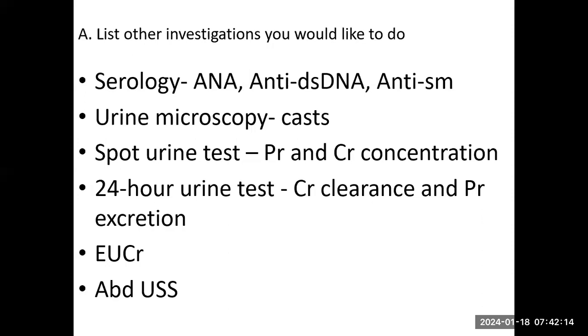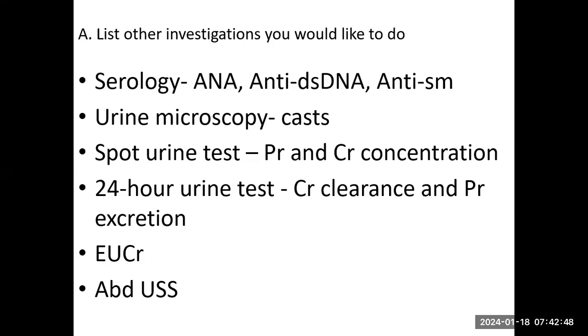So I want to do extractable nuclear antibodies and the autoantibodies, which would reveal positive anti-nuclear antibody, anti-double-stranded DNA, anti-Smith, and other autoantibodies, including the ones suggestive of anti-phospholipid syndrome like anti-cardiolipin and beta-2 glycoprotein 1. I would also want to do urine microscopy.